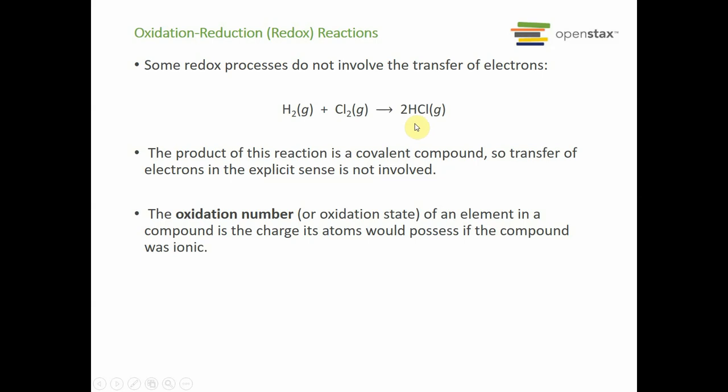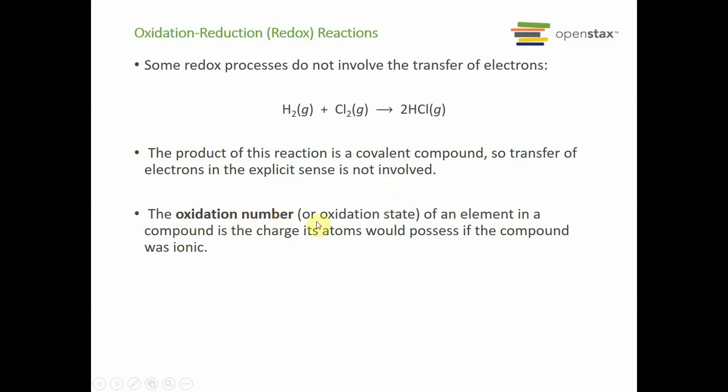And in this case, we treat chlorine as though it formed an ion and hydrogen as though it formed an ion, and say that this oxidation number is -1 and this oxidation number is +1. The product of this reaction is a covalent compound, so transfer of electrons in the explicit sense is not involved.